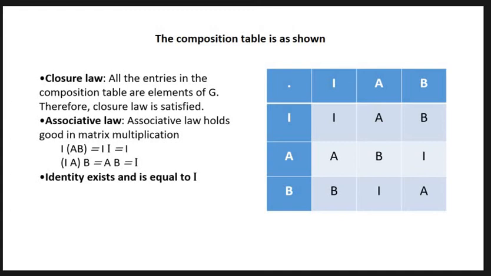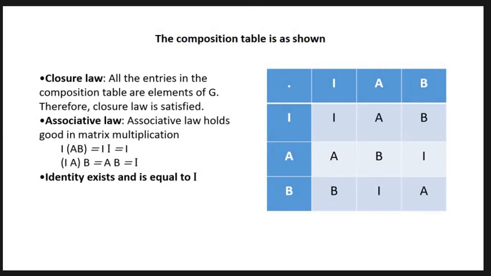Now, let us go to the inverse property. The inverses of I, A, B are respectively I, B, A. See, wherever you have I in the composition table, corresponding to that, let us take the column and row leading elements.